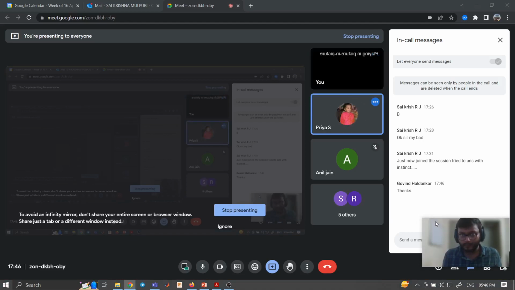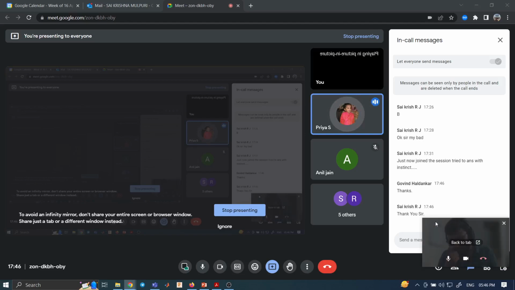In the NPTEL portal, they gave an online calculator link for the polar to rectangular or rectangular to polar conversion. The traditional method we follow is the square root of a squared plus b squared for the magnitude, and the angle is tan inverse of b by a.